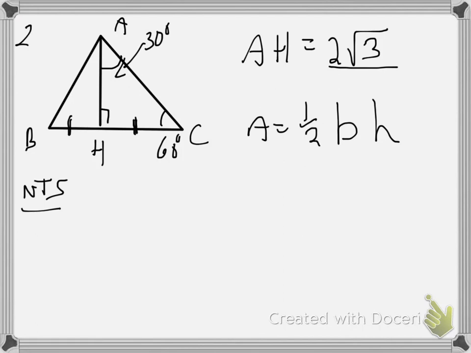Well, we want to know this opposite side over here. So, the tangent then of 30 degrees is going to equal, we call that x, I suppose, x over 2 square roots of 3.